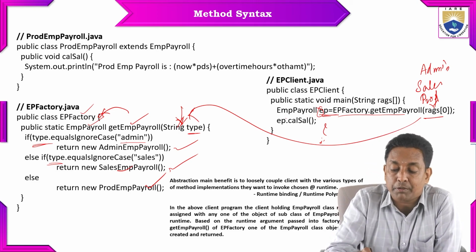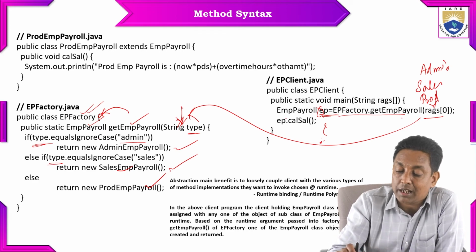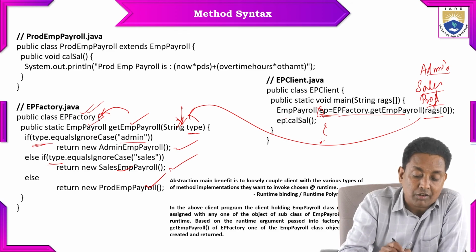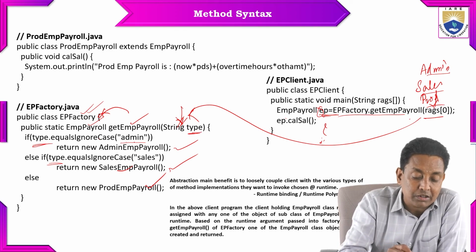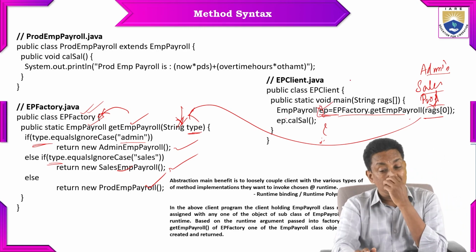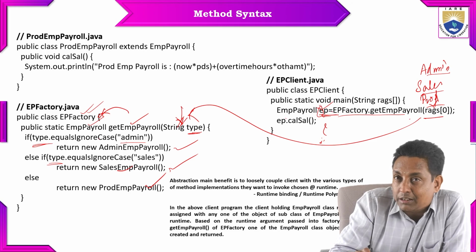So now this factory method is used by the client. Here I am writing employee payroll EP is equal to EP factory dot get employee payroll, a static method I am calling. I am passing admin or sales or production. That argument will come here. Based on these comparisons, admin or sales or production employee payroll class object will be returned to the client. And here, getting the employee payroll class object into the EP reference is completely dynamic.